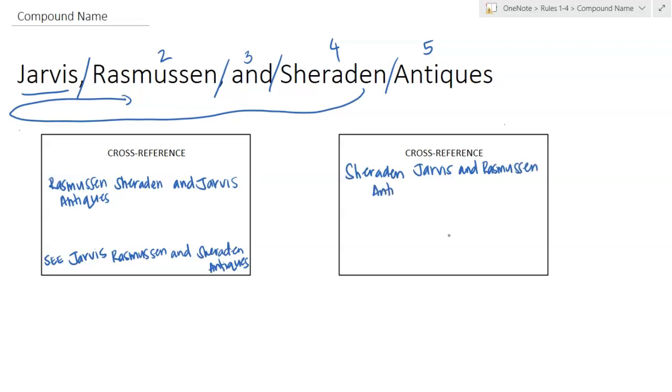And again, I ran out of room, but that's okay. My C notation would be to my original filing segment, so it's going to be the same thing as on the left, which is C, Jarvis, Rasmussen, and Sheridan Antiques.